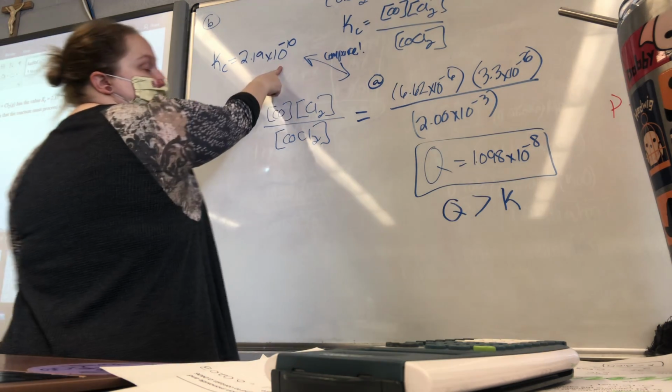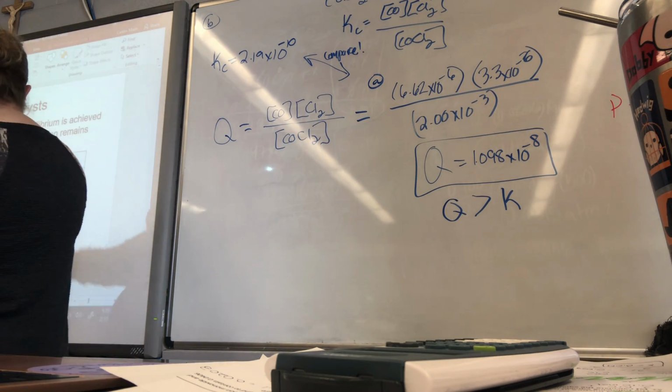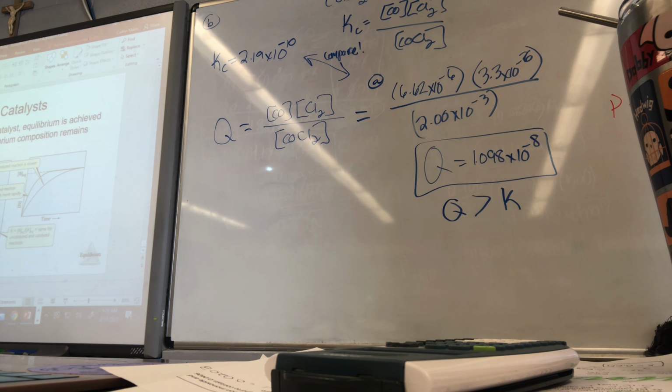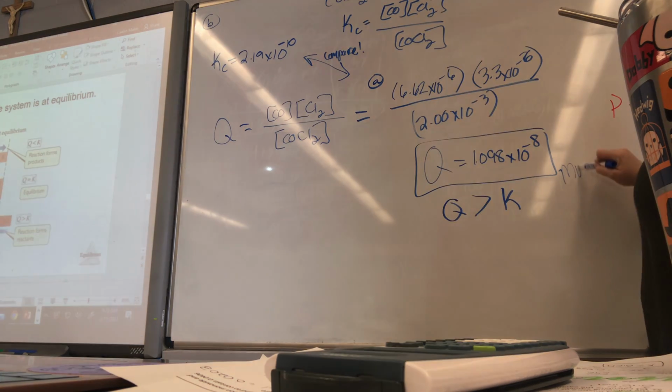Because K is a smaller number. The exponents are negative. When Q is greater than K, which direction does the reaction need to shift to get to equilibrium? Towards the reactants, to the left? Good. Do B.